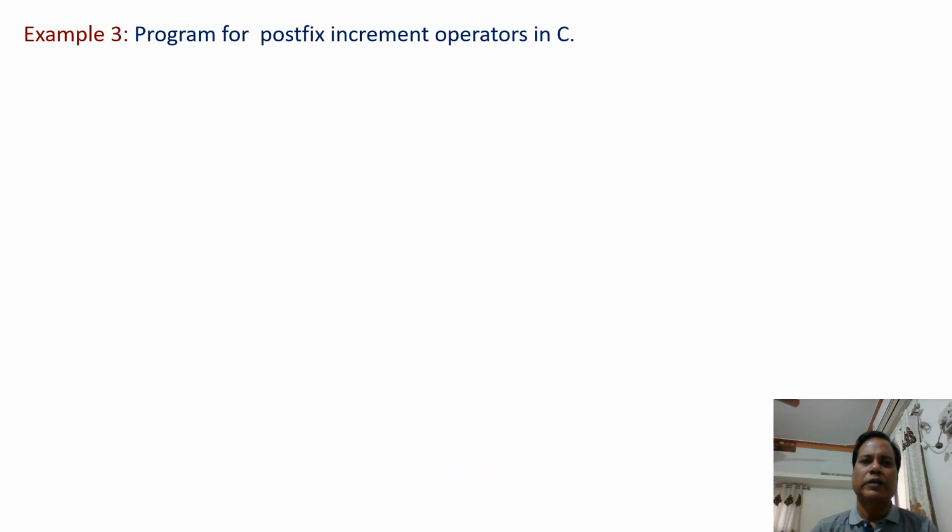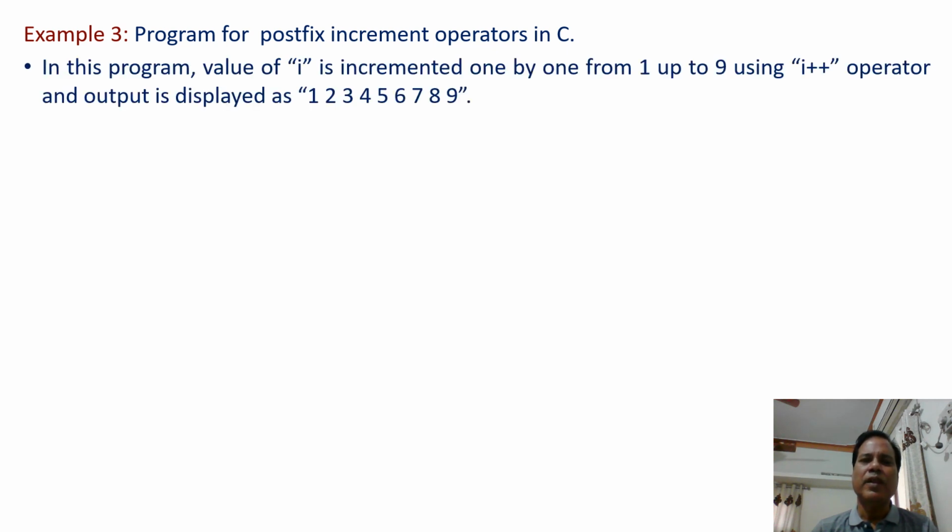Again, let us discuss a program for the postfix increment operator. In this program, the value of i is incremented one by one from 1 up to 9 using the i++ operator, and the output is displayed as 1, 2, 3 up to 9.